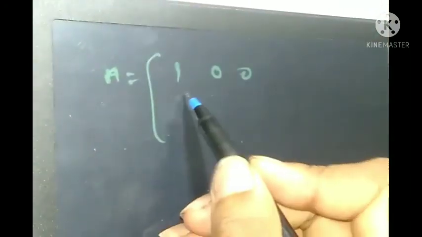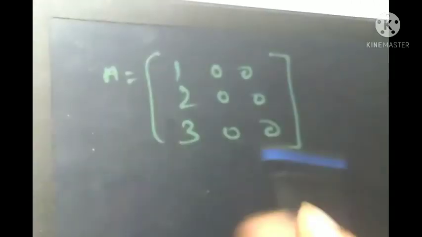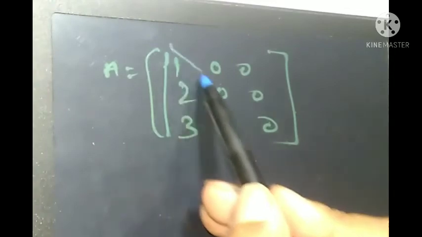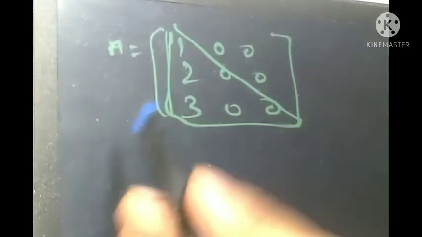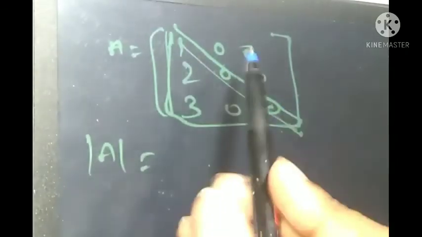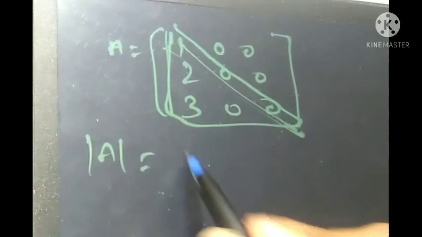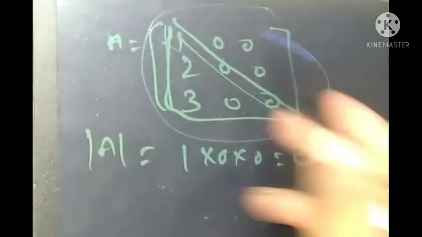Similarly, we take one lower triangular matrix: 2 0 0, 1 2 0, 0 3 0. See this, this is a lower triangular matrix. The determinant of this matrix is the product of all the leading diagonal elements, 2 into 2 into 0, that is 0.